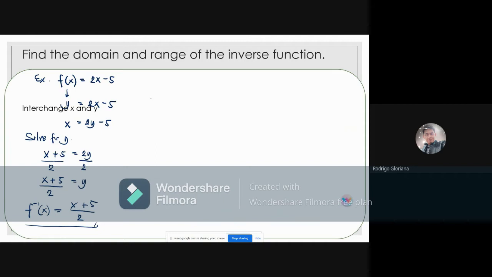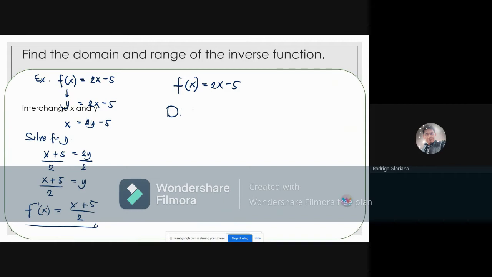If we are looking for the domain of the given function f of x, that is 2x minus 5, you can set any values of x since there is no restriction.